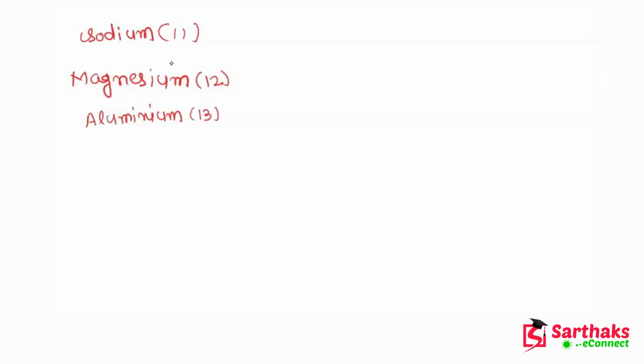So guys, if I write the electronic configuration of sodium, then I will be writing 2, 8 and 1. And if I write the electronic configuration of magnesium, then I will write 2, 8 and 2. And what about aluminium? This will be 2, 8 and 3. Now guys, this is the case of metal.